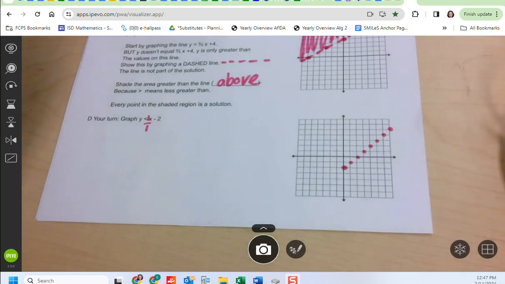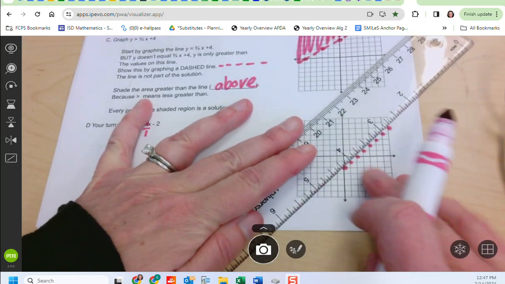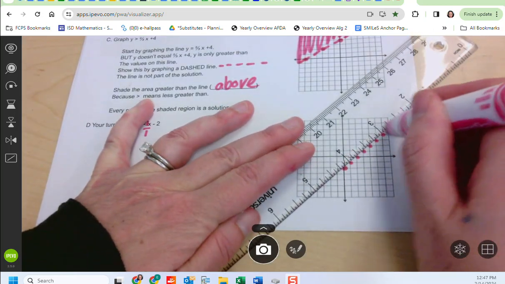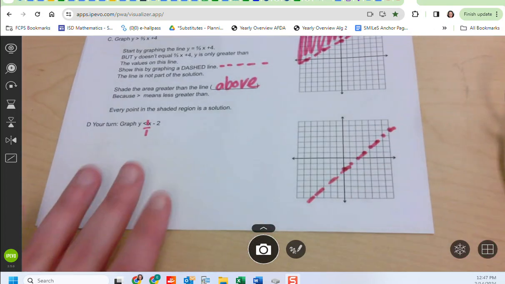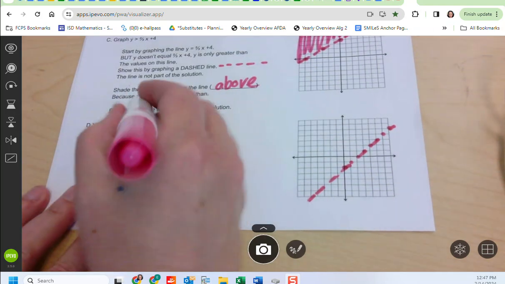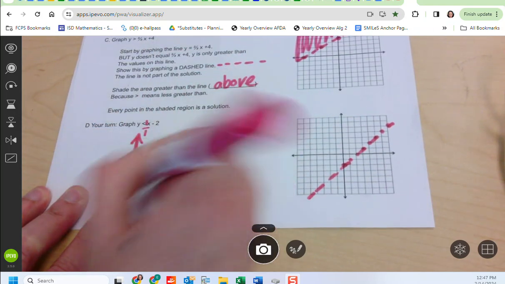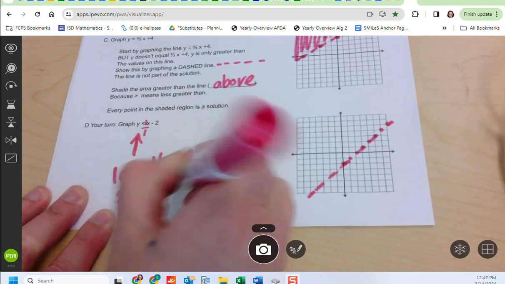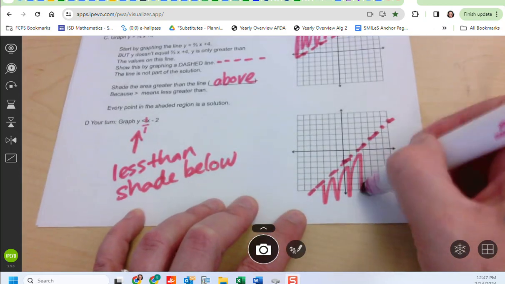It was dashed because it doesn't have an equal sign on it. And which way do we shade? Below, because this is less than. Shade below. Good.